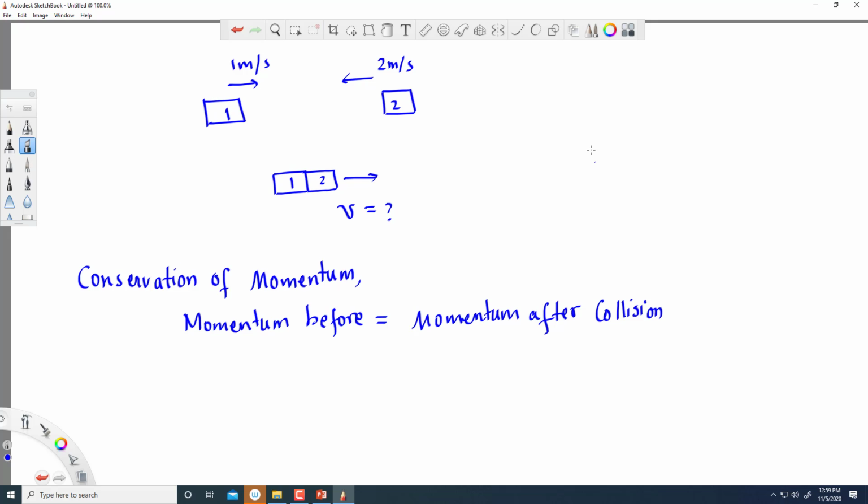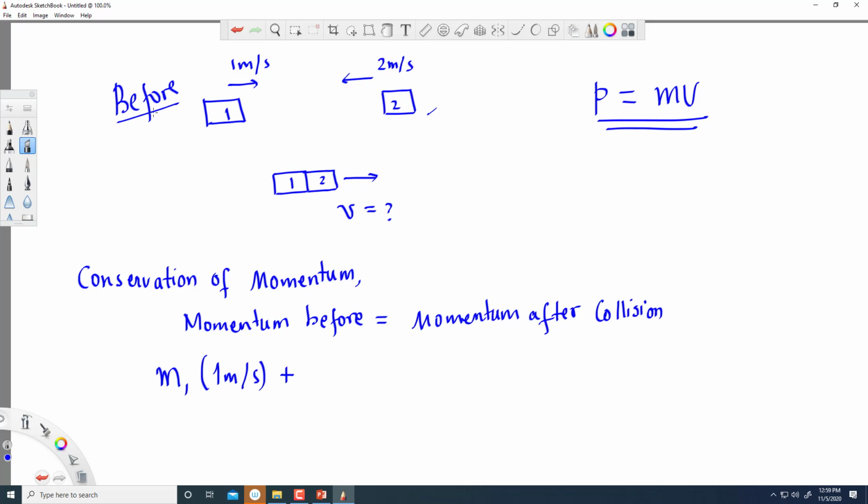We know the momentum is given by this formula, m times v. So the momentum of 1 before collision is the mass of 1, let's call that m1, times the speed of 1 before collision, which is 1 meter per second, plus the momentum of the second one. Okay, we are talking about before. I should write here total momentum. Okay, total momentum.